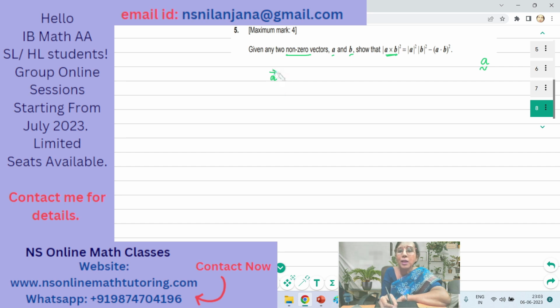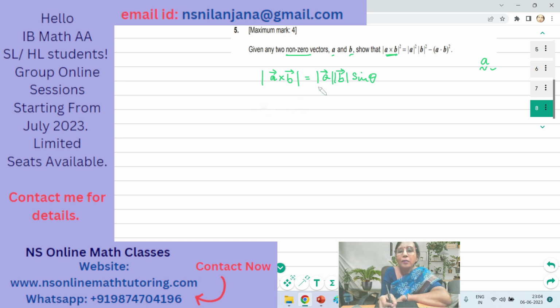So the magnitude of A cross B is equal to, I'm just writing the definition, the modulus of vector A times the modulus of vector B times sine theta, where theta is the angle between these two vectors.